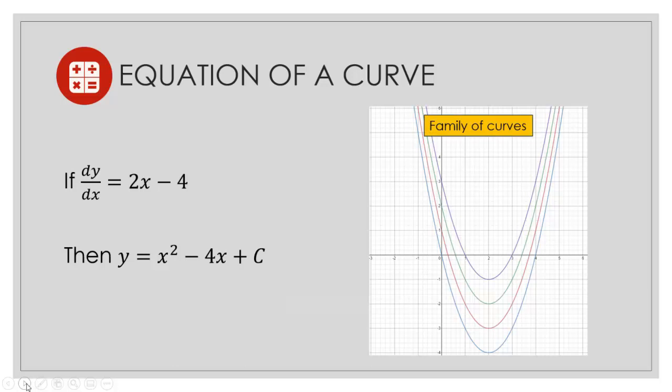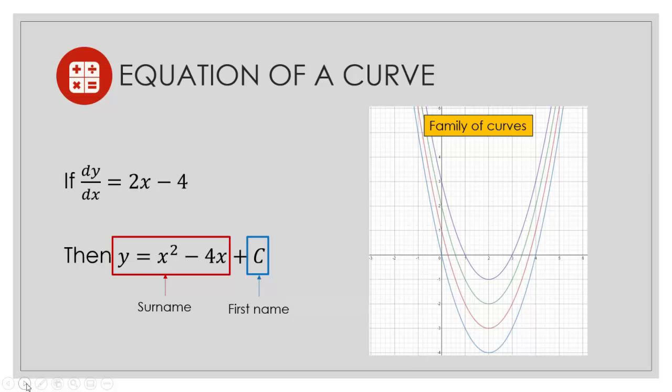Now you may ask, why do we use the term family to collectively refer to these curves? The reason for this is that just like in a real family, you can identify members of the same family by their surname. In the general solution that we have just obtained, we may refer to y equals x squared minus 4x to be the surname of the family of curves, while the arbitrary constant c refers to the first name of each curve belonging to that family.